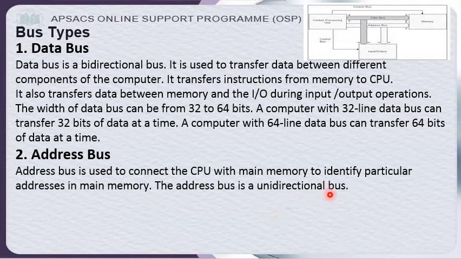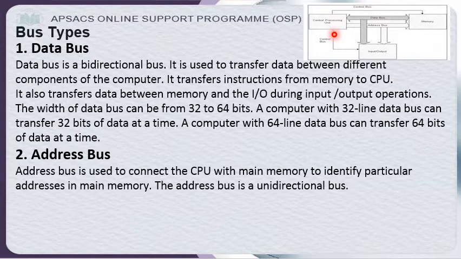The address bus is a unidirectional bus. So whenever the CPU wants some data from main memory, the data will come from main memory to your central processing unit. The address will move from your memory or any input output device to your microprocessor.